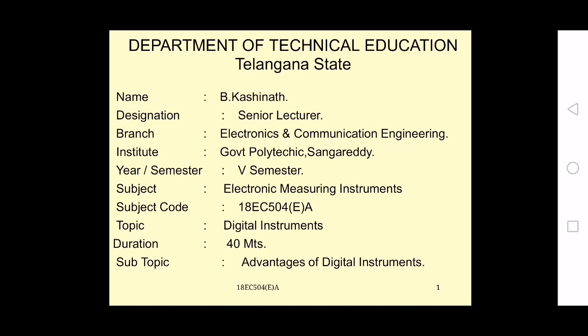That is digital instruments. In that one, the first topic in this chapter is: what is a digital instrument, and what are the advantages of digital instruments over the analog instruments.